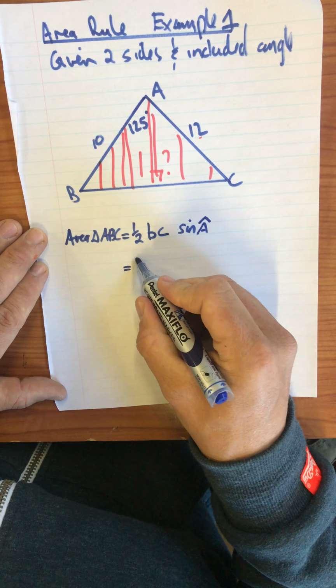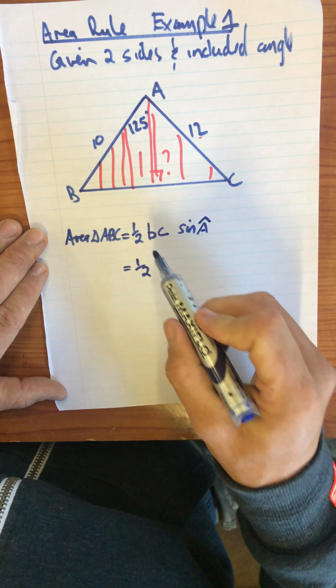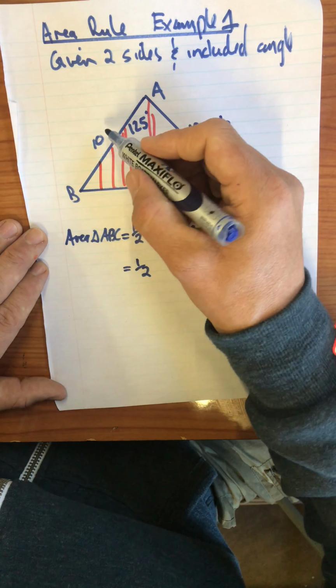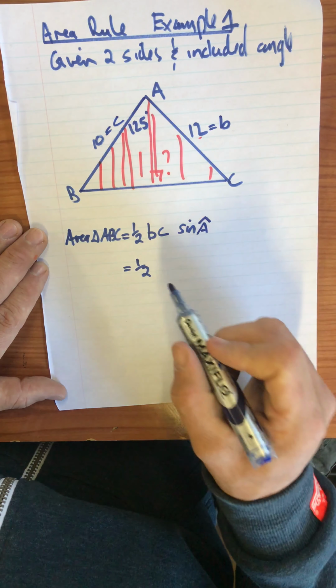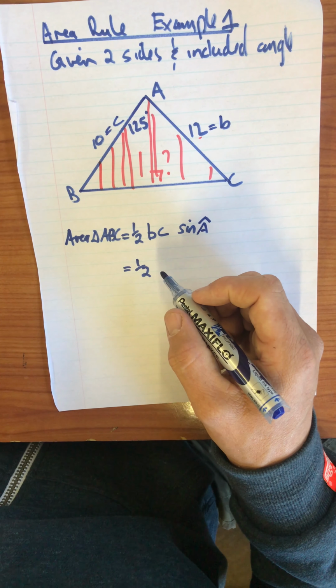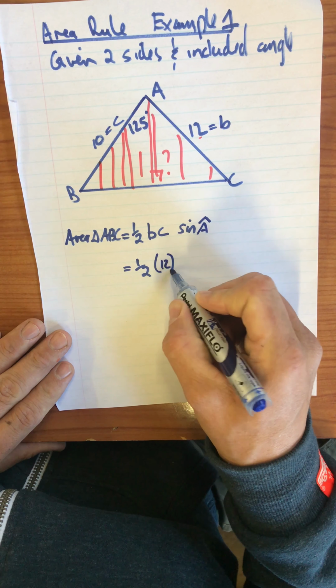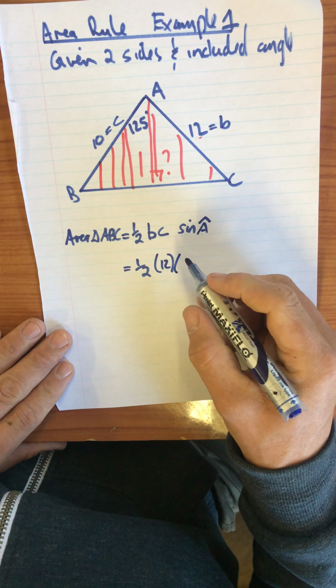Let's just do direct substitution. Across from B is little b. Across from C is little c. And there we have all our values. So what do we have there? Little b is 12. Little c is 10.